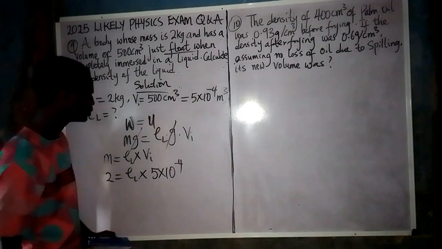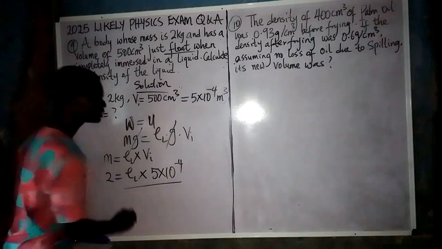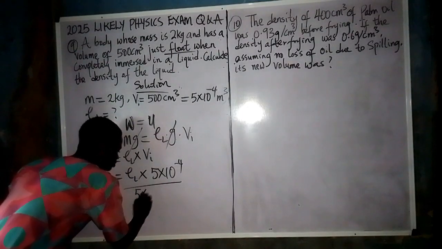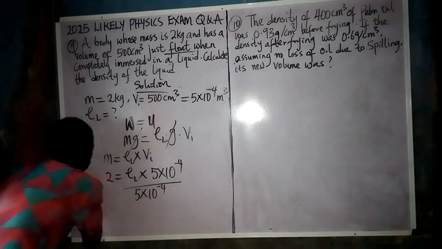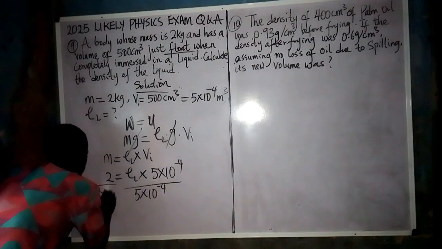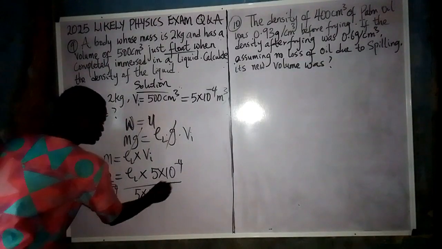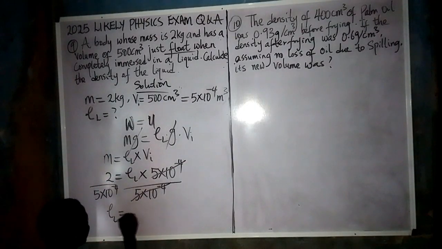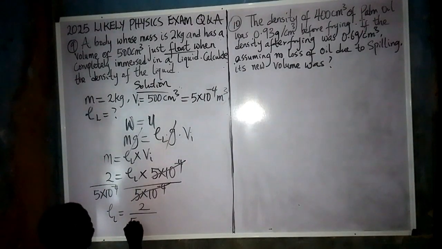How do we do that? Divide both sides by what is attached to PL. So everything will now be over 5 times 10 raised to the power minus 4. This one will cancel this one. So PL will now be equal to 2 over 5 times 10 raised to the power minus 4.